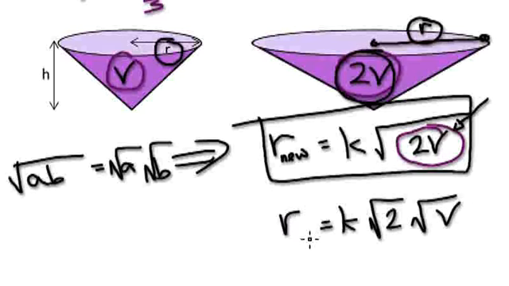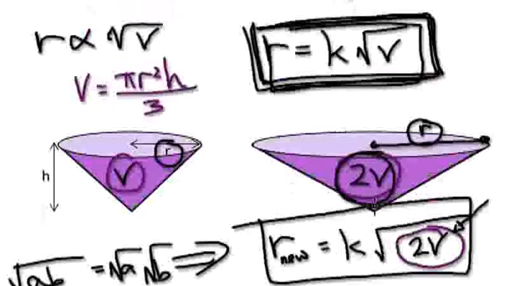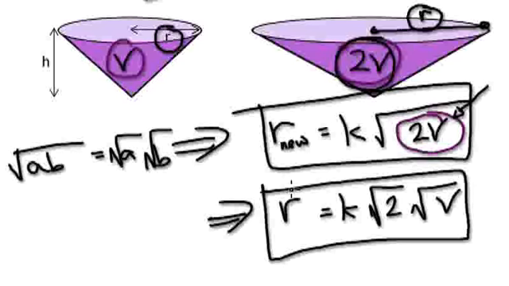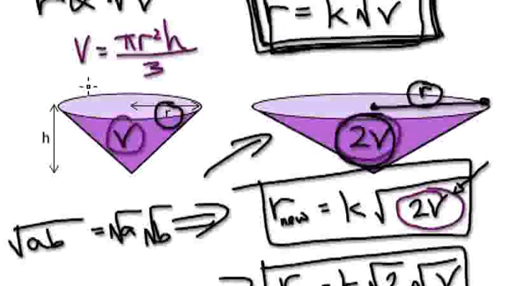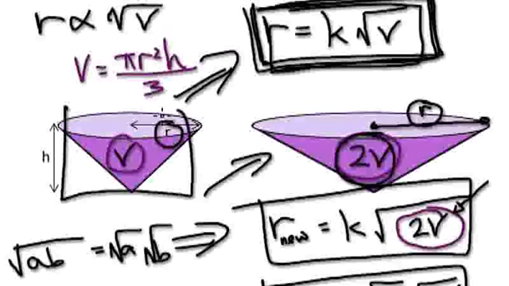So this is our new radius, the radius of our new volume. Now we want to write this in terms of the old radius. This here is the radius of the small volume.